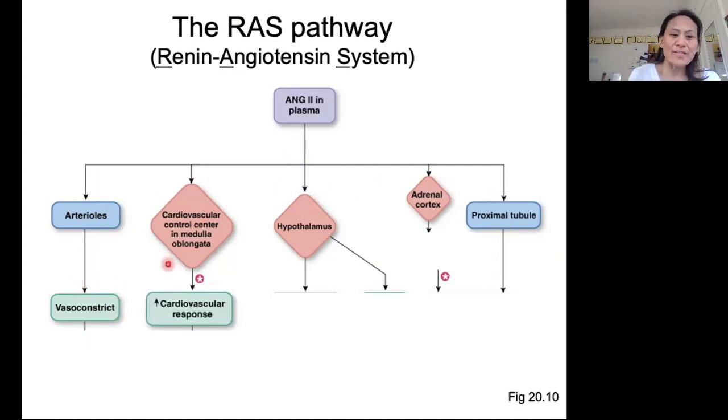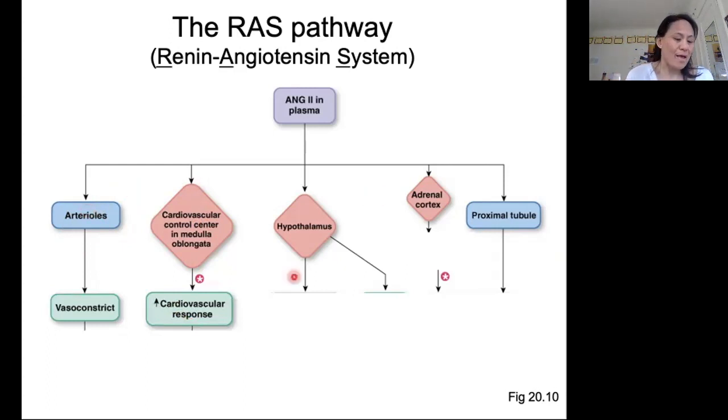At our cardiovascular control center, basically what we're going to do is we're going to increase our cardiovascular response. What does that mean? It means all of those things that we talked about before, where we are increasing venous return, we're increasing our contractility, we're increasing our heart rate, and we are increasing our peripheral resistance by constricting our arterioles.